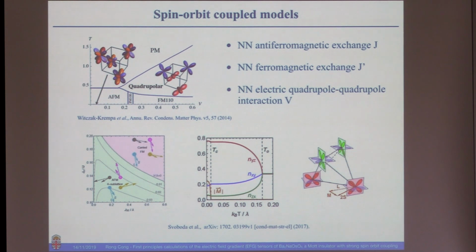What are the axes on the left top diagram? V is V? Quadrupole. This is temperature, T, and this is V, which is the coupling constant of this interaction. And it scales in what?